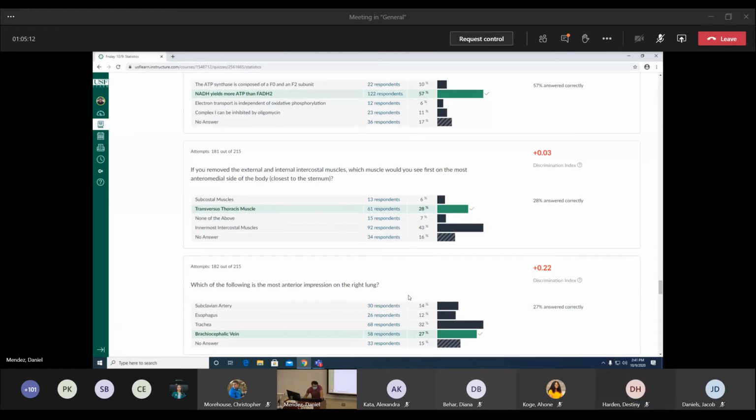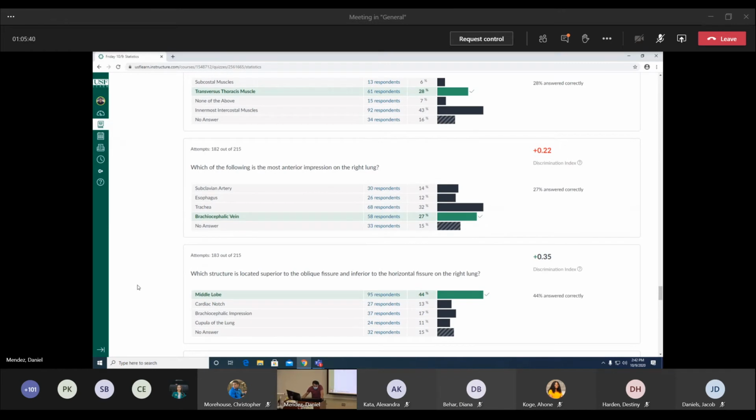And then what's the last impression? The arch of the azygos. Yeah, last one. So if you want to use it to remember the right lung, BETA. The left lung is just going to be subclavian artery, aorta, cardiac notch, and don't forget the lingula too. It's important to remember.